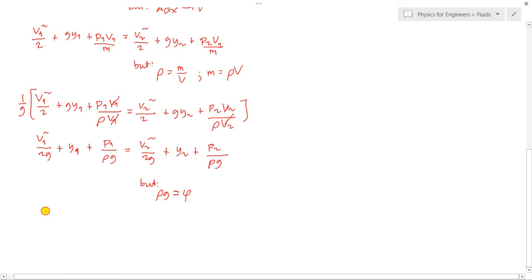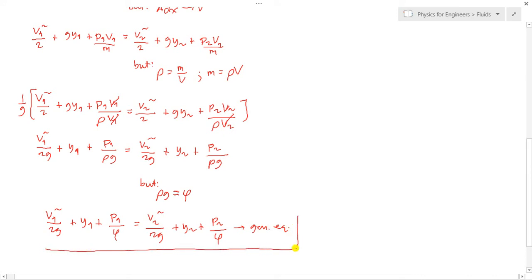So therefore, that is v1 squared all over 2g plus y1 plus pressure 1 all over specific weight, equals v2 squared all over 2g plus y2 plus pressure at point 2 all over the specific weight. Okay, this is now the general equation for our Bernoulli.